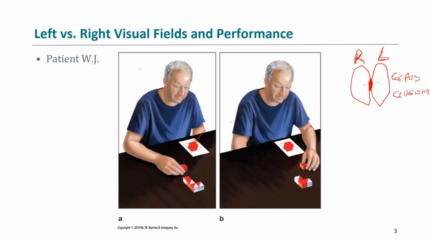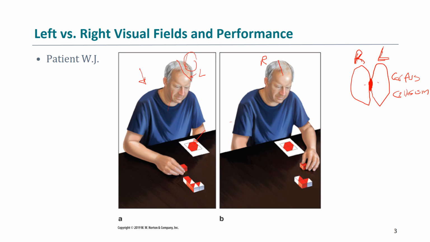At A, in this image, with his right hand, what controls the right hand again? It will be the left hemisphere, this part. So if this is the brain, this part controls the right hand, and here, the left hand. This is the right hemisphere that controls the left hand.